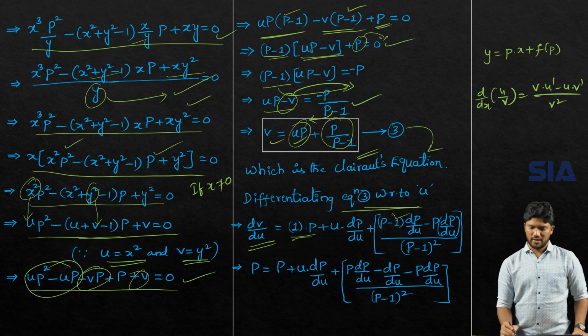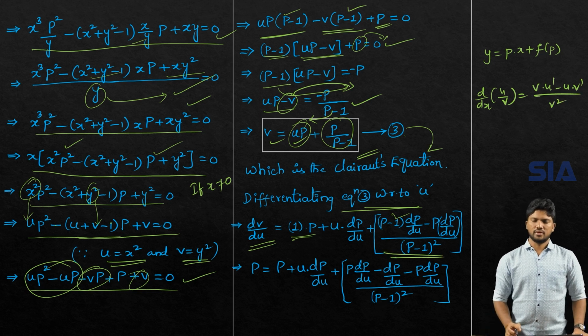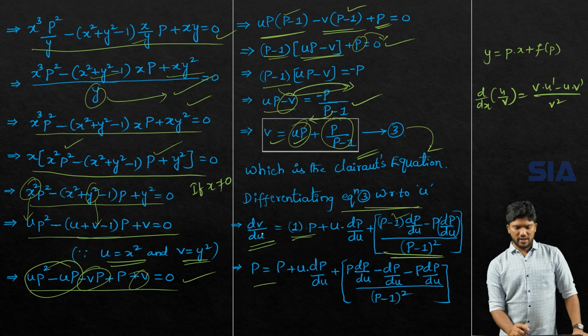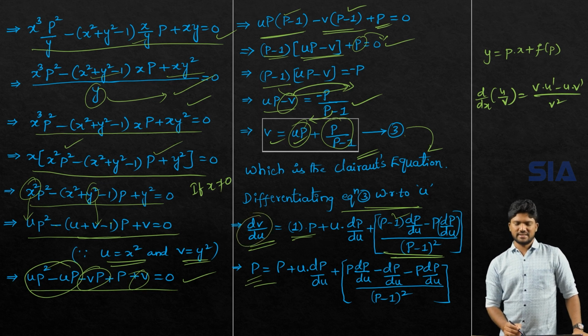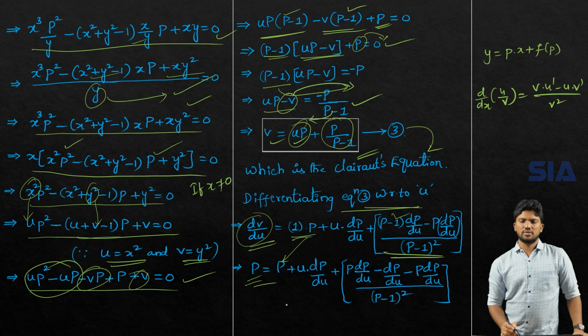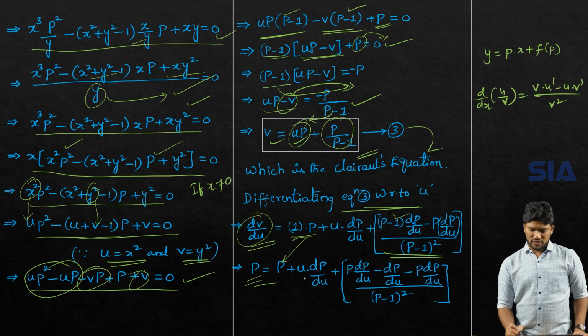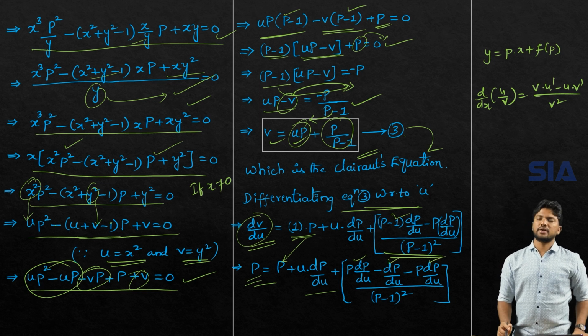By applying that formula you can simplify that value, and after that p is equal to dv by du, it is capital P in LHS. In RHS it is also 1 into p plus u dp by du plus p dp by du minus dp by du minus p dp by du by p minus 1 whole square.